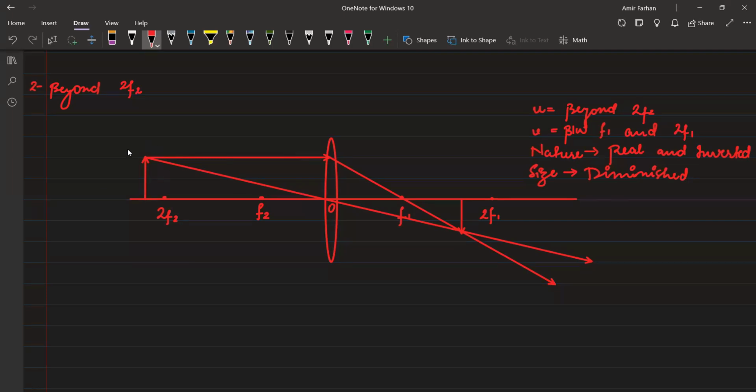I'm saying when the object is beyond 2F2, the image will form between F1 and 2F1. When the object is placed at 2F2, it will form the image exactly at 2F1. Harshit, please mute yourself, there is some mic issue at your end.